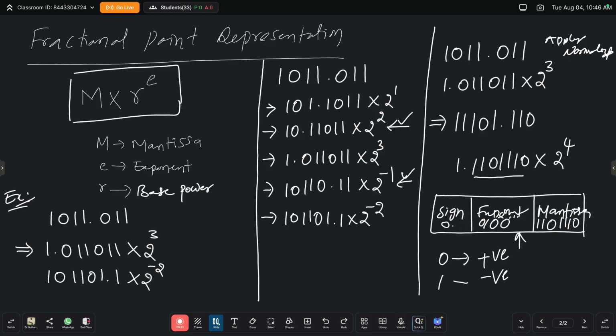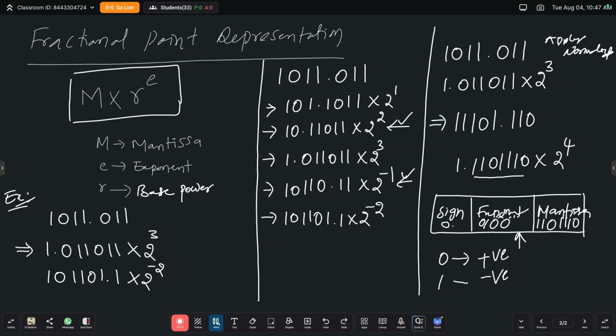Not like this. I am not talking about the sign number. The sign number is for the number being minus or plus. I am discussing the exponent. R power E, that is the exponent. R is the base, right? E, what is the E?